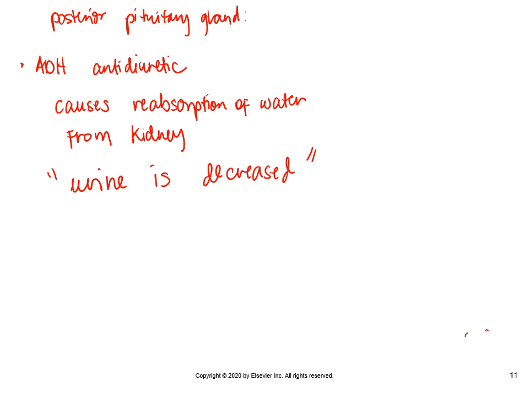Okay, now the other one is oxytocin. What does oxytocin do? Oxytocin causes contraction of the uterus. Now this one, the target organ is the uterus. It's helping with contractions of the uterus. So this is helpful. Your oxytocin is helpful during labor, right? Because the uterus needs to contract for the baby to come out.